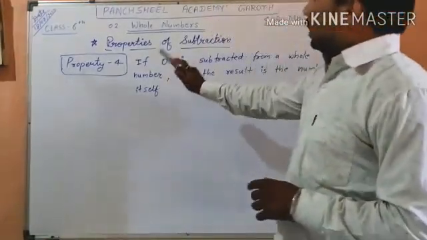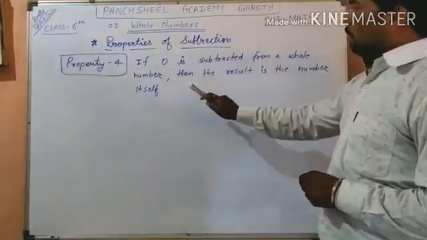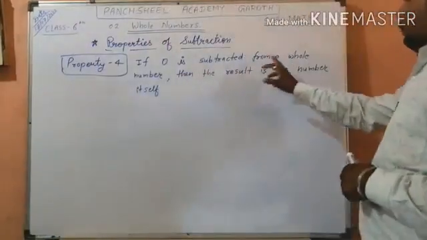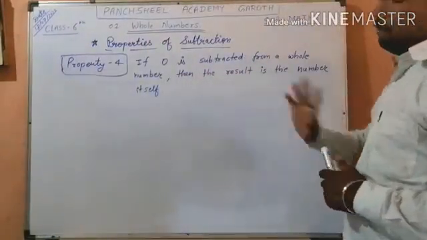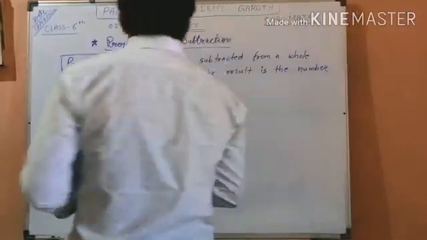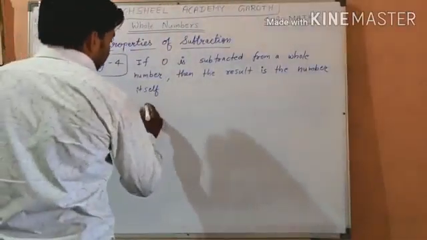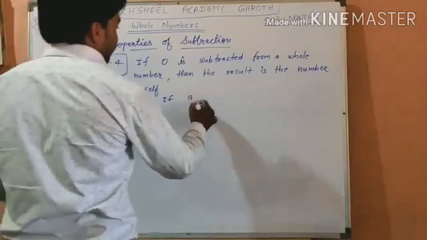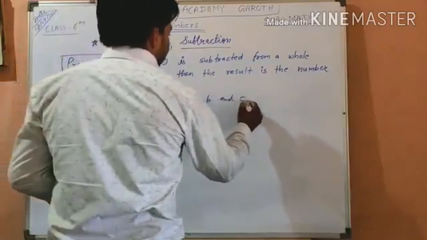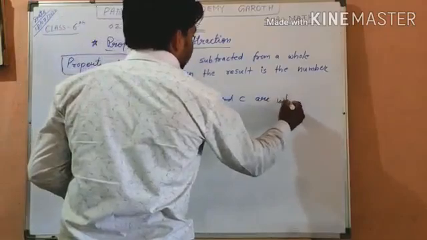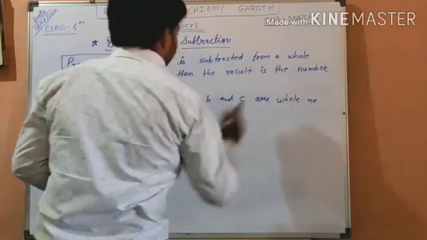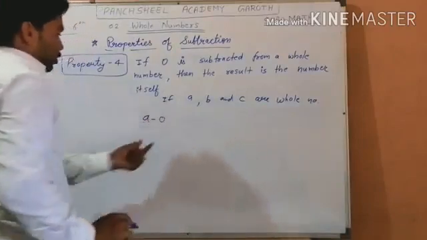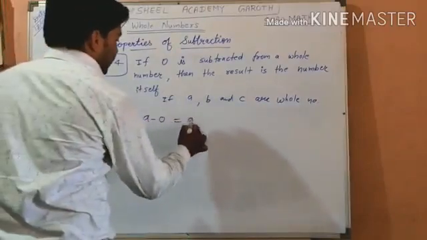Now property 4. If 0 is subtracted from a whole number, then the result is the number itself. Let's see. If a, b and c are whole numbers, okay, then let's subtract 0 from a, we can get a.